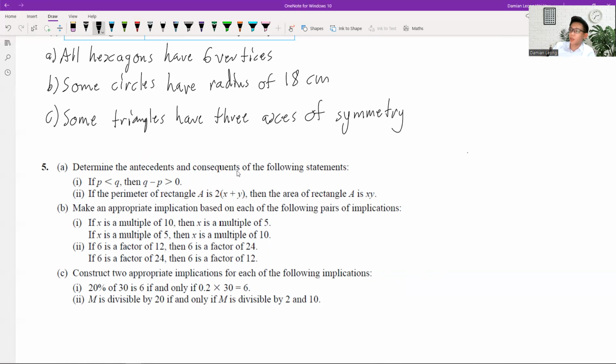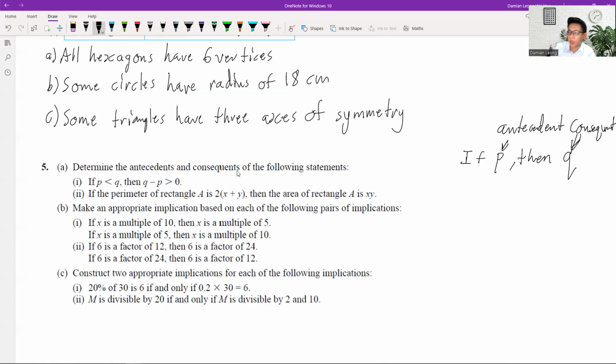Implications is basically your if-then statements. If something, then something. So usually I use P and Q. If P, then Q. P is always your antecedent. Q is always your consequent.